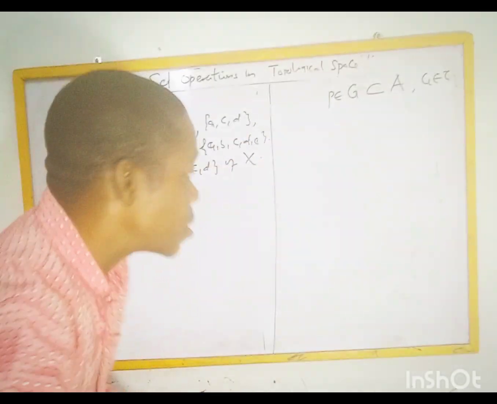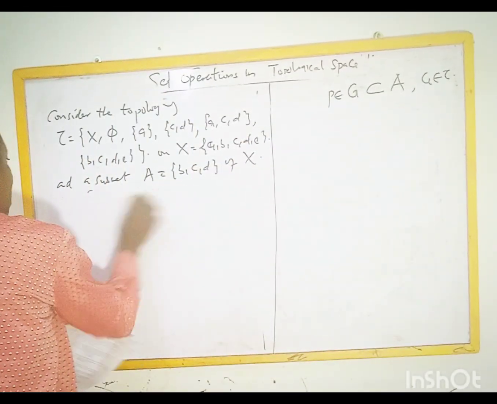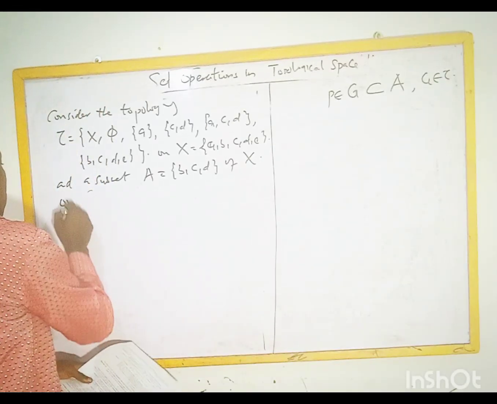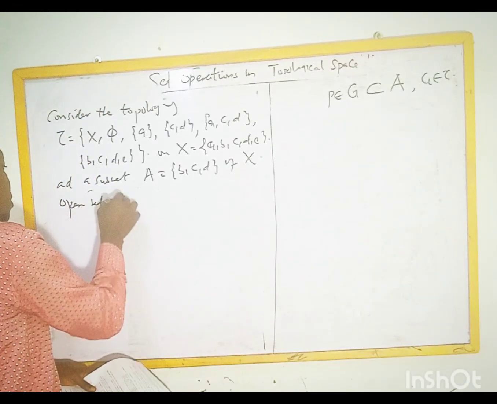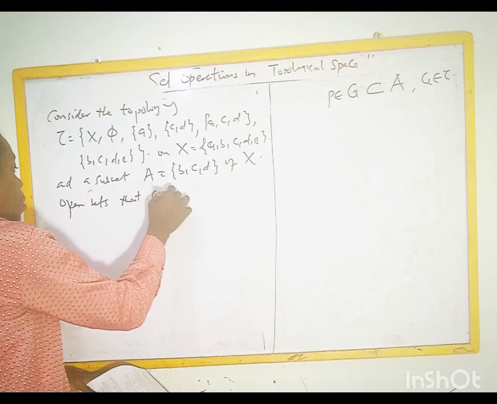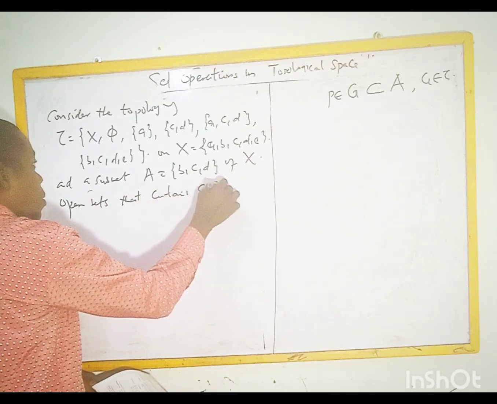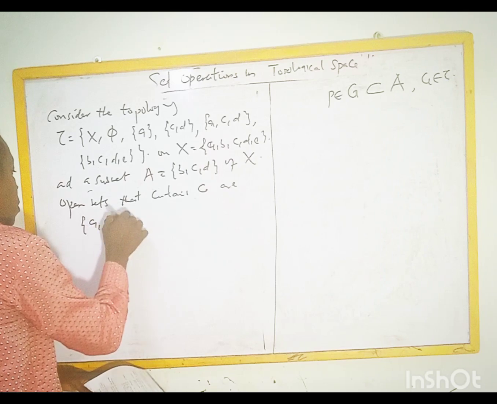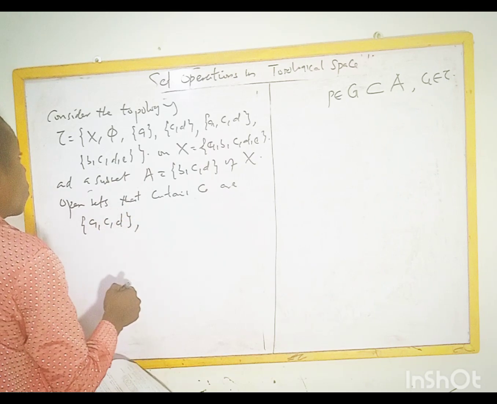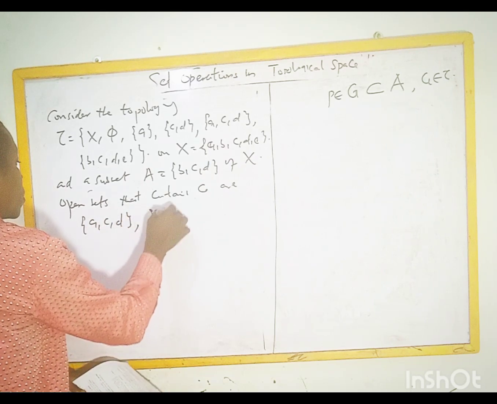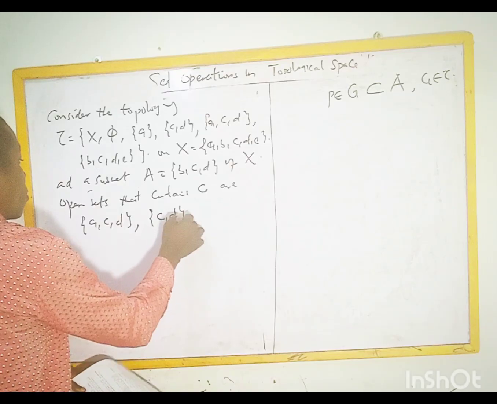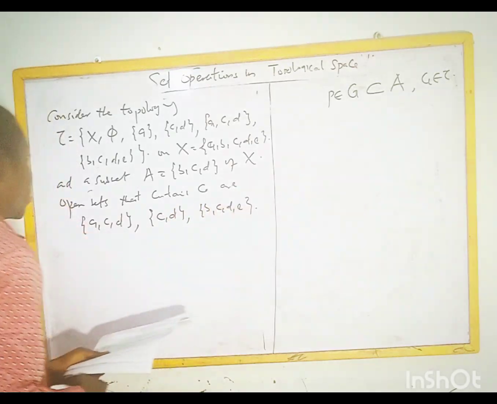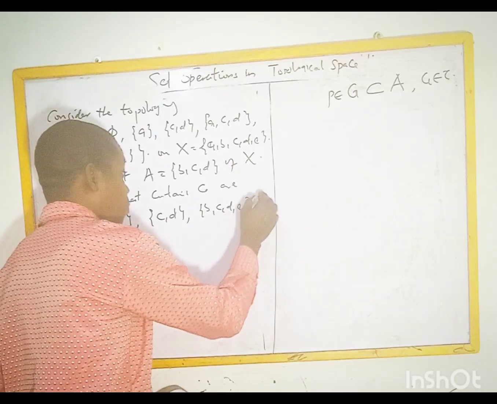But let's consider C. The open sets that contain C are {A, C, D}, then {C, D}, then {B, C, D, E}, and then X also.